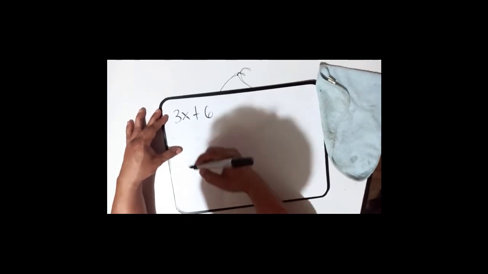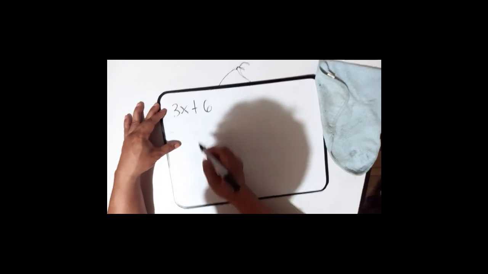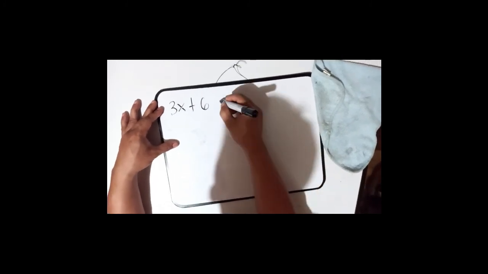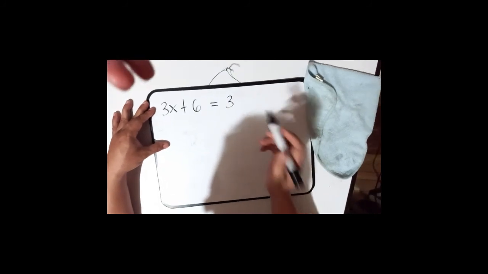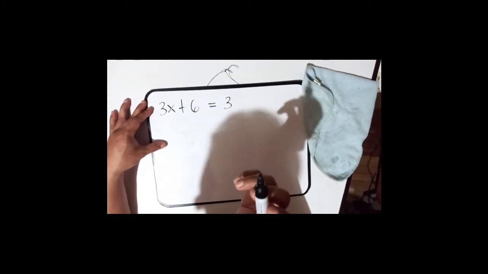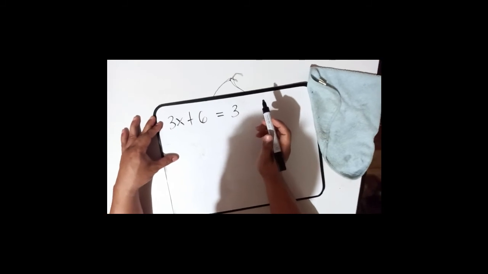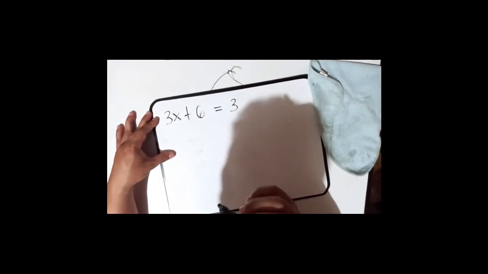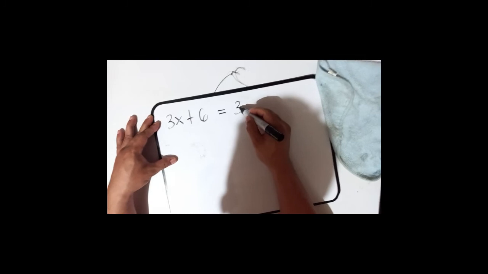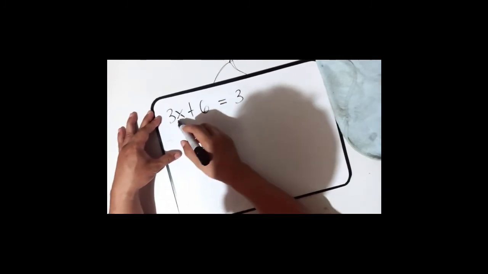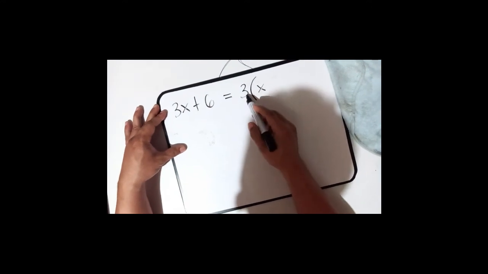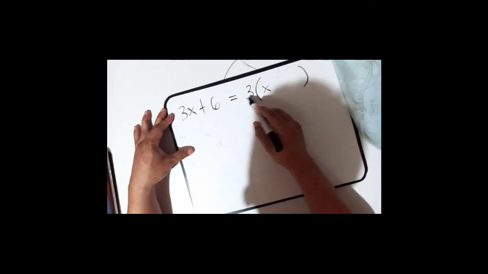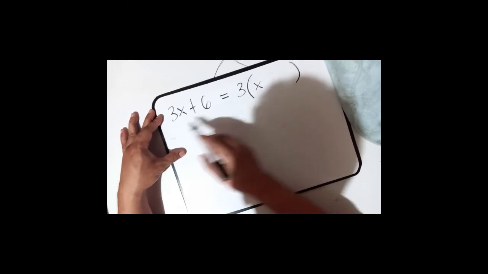So we'll pull out 3 out of this expression, so this will become 3, and then what number or what letter should we multiply with 3 so that we'll get 3x? So 3 times x is 3x.